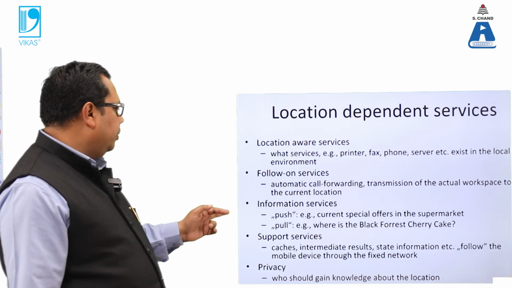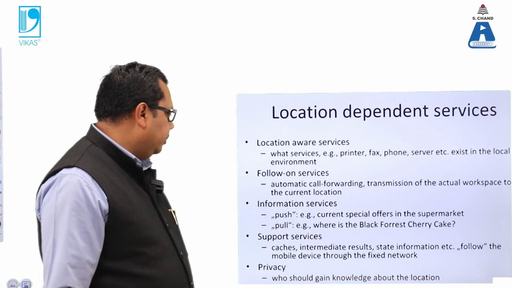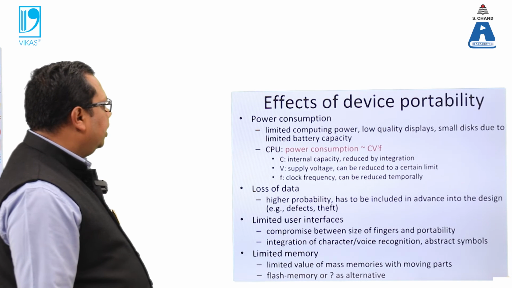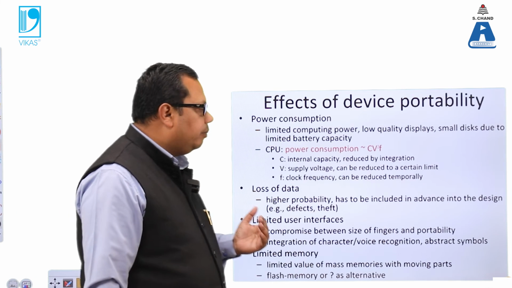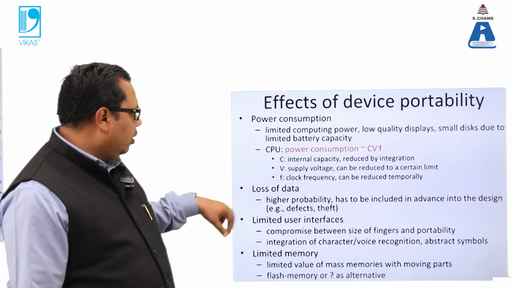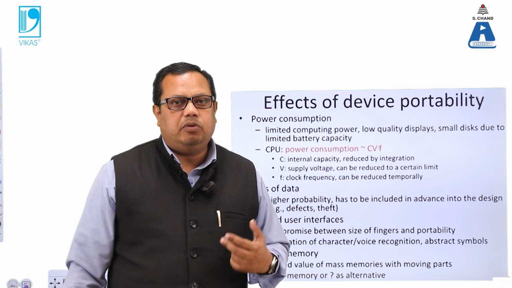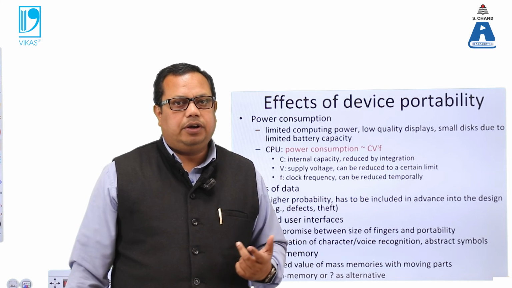Then we have information services, push, pull, then the different memory types. Then we have the device portability. Device can be taken from any point to any point and there is a loss of data, so data can also be recovered. Nowadays, if you remember yourself, if you want to operate any mobile phone, the first thing we need is an email ID. Without that, we cannot use it.